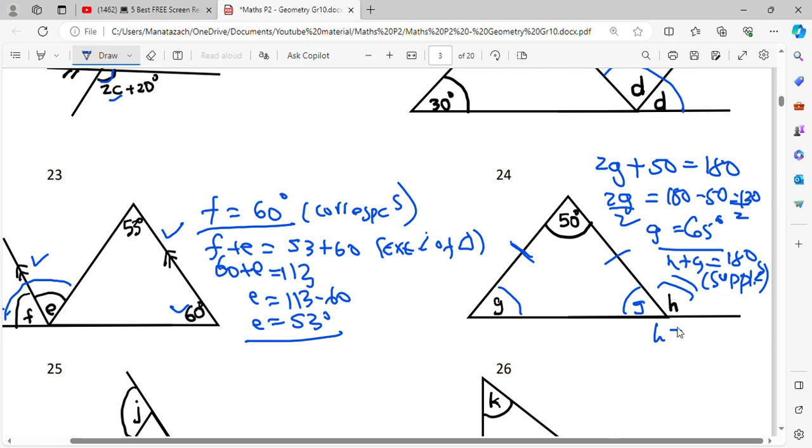So H plus G, which is 65, would be 180. That means H is going to be 180 minus 65, which will give us 115 degrees.